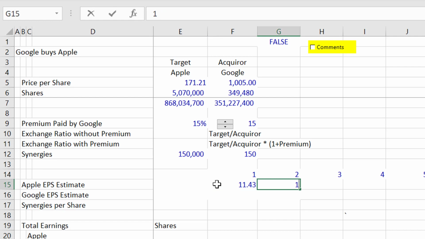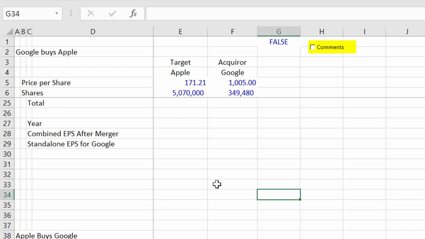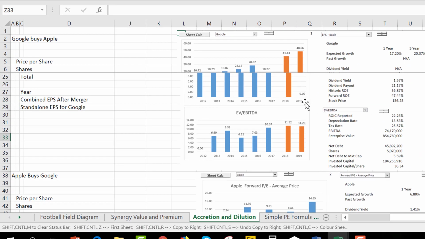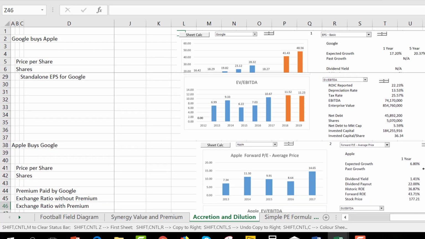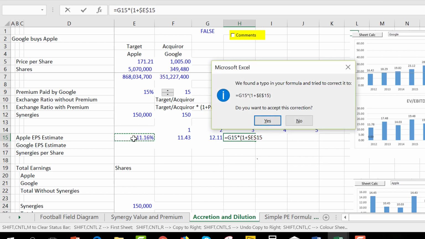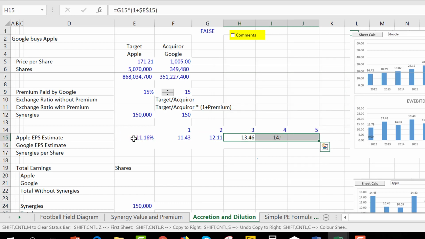And then they told me Apple is going to grow, perhaps this isn't exactly right, but Apple is going to grow by 11.16%. So let's just put some growth rate in here. Okay, so we can put 11.16% here as a kind of transparency principle, and then copy that across.